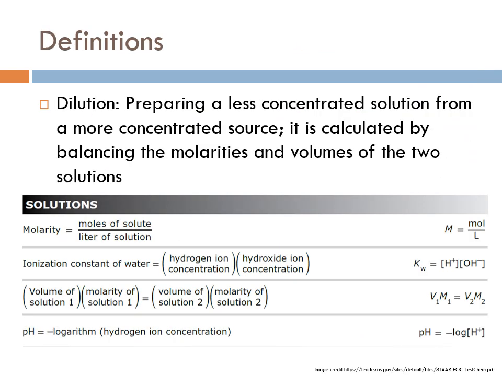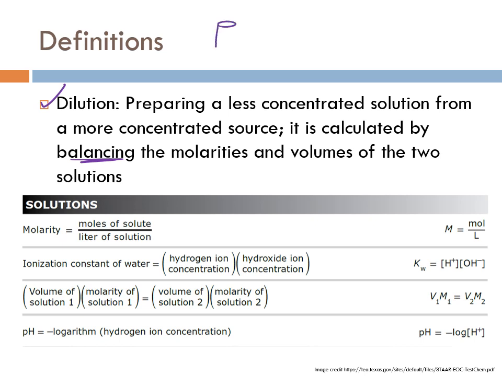All right, one more little piece and then we are done, my friends. So a dilution, and you should know this already just from the world, dilutions are when we make a different concentration using some other concentration of the source. We're going to calculate the new concentrations by balancing the molarities and the volumes of those two solutions.